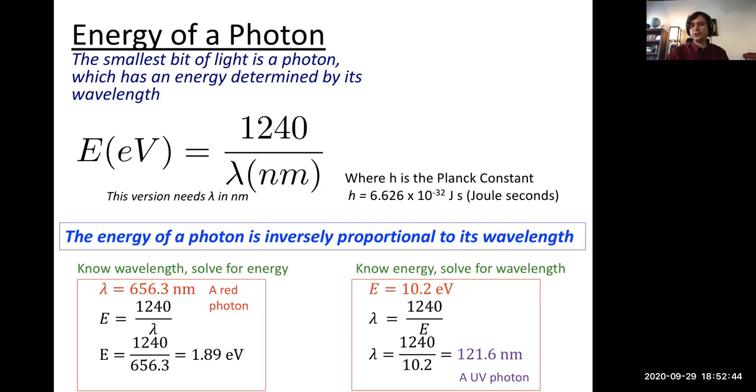Notice that ultraviolet photons have more energy than visible light photons. That might be why you don't want to be exposing yourself to a lot of ultraviolet light. Every photon is carrying a pretty large amount of energy, enough energy where it can actually break the molecular bonds in your body, in your DNA, in your skin to cause damage.